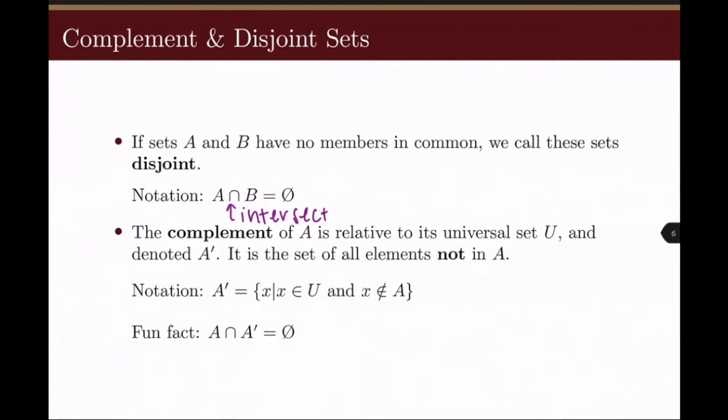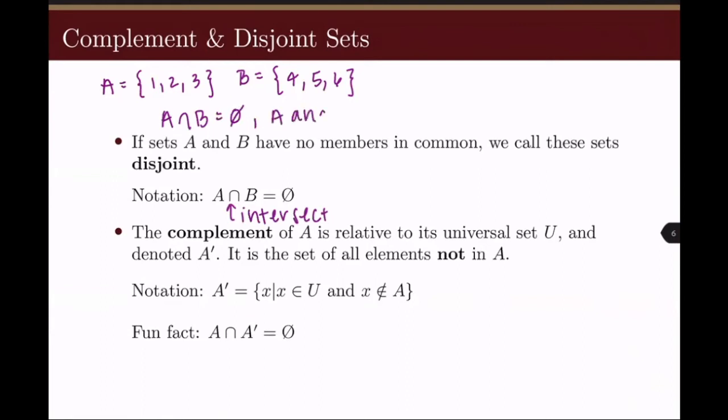For example, if I had A equal to 1, 2, 3, and B equal to 4, 5, 6, they have no members in common. Not one member is the same. So you can say A intersect B is empty, or you can say A and B are disjoint.